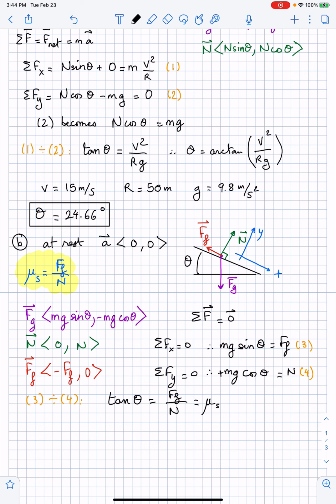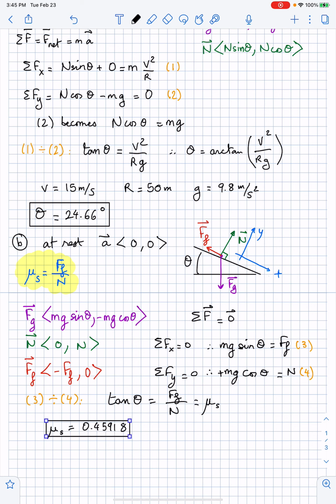Okay? So the static coefficient of friction, therefore, is going to be what we calculated earlier, the 0.45918 number that was just v squared over rg.